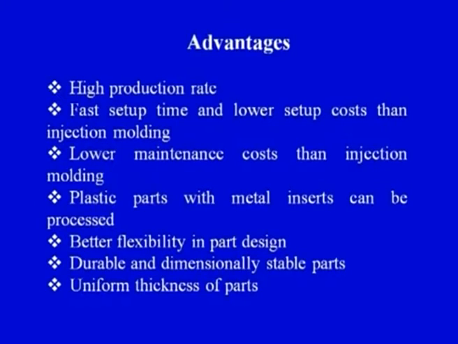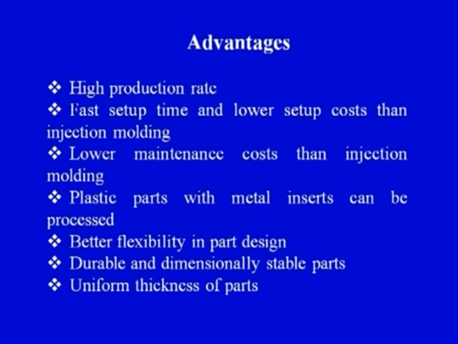A very complicated or very complex product may have its own set of disadvantages when it is to be formed by the transfer molding process. So the better flexibility in part design is there, but there is a limit to the part complexity. The parts that are made by the transfer molding process are durable and dimensionally stable. So the kind of dimensionally stable parts that we desire to make can be made by the transfer molding process.